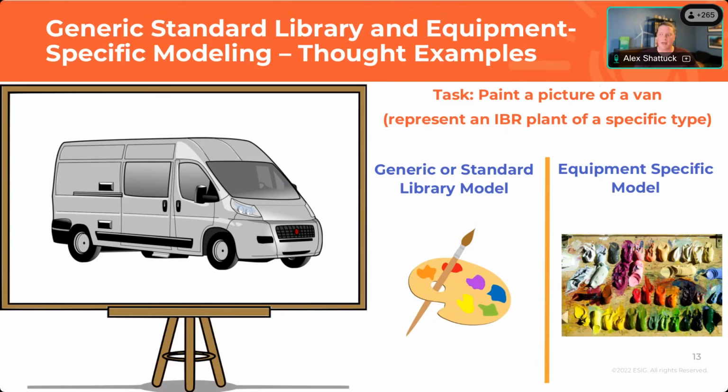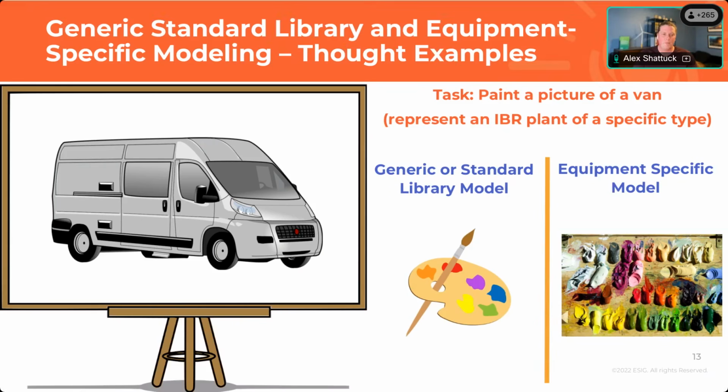with the standard library palette, right? You could get pretty close to making this picture with your simplified palette, but you can get a lot more specific with this picture here if I have an equipment-specific model. And this is where it starts to break down. So in the generic standard library world, the generator, the electrical, and the power plant controller models are the same, or relatively the same, for wind, solar, and BESS, with small nuance.